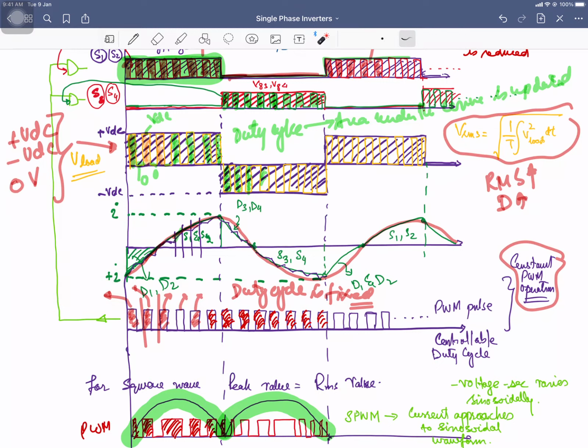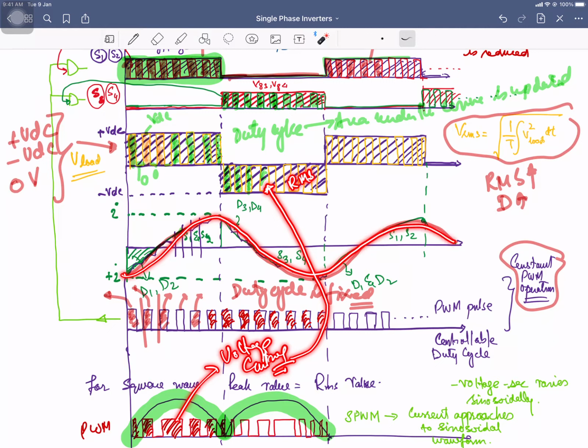But if you vary the width of the pulses according to the sine wave, you can vary the voltage. You have the voltage control, because you are going to control the area under the load voltage waveform, and the RMS value will be changed, but at the same time your current will be smoothed and will be converted into the sine wave.